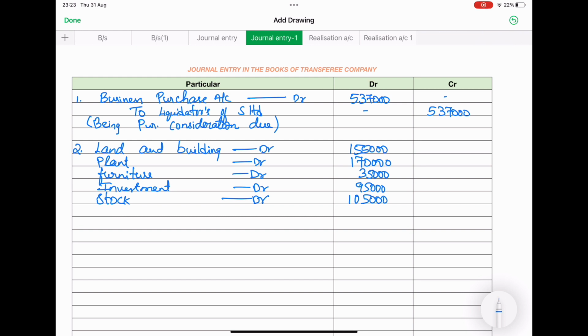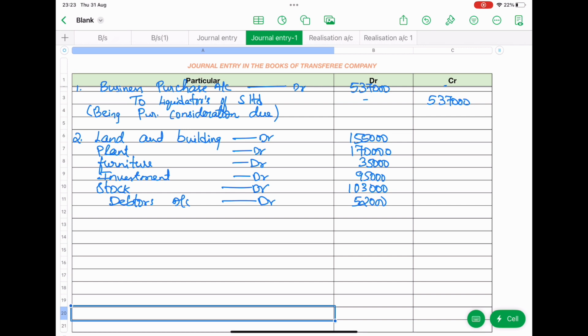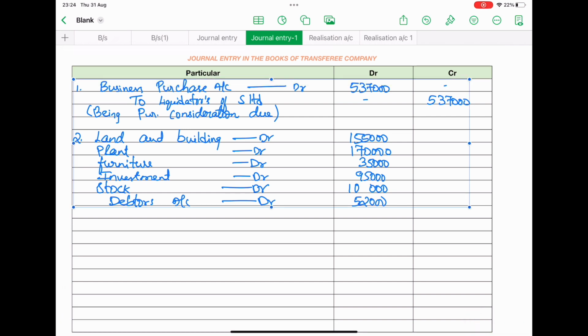So debtors account 1,03,000 less 52,000. Next we have cash and bank account, 50,000.